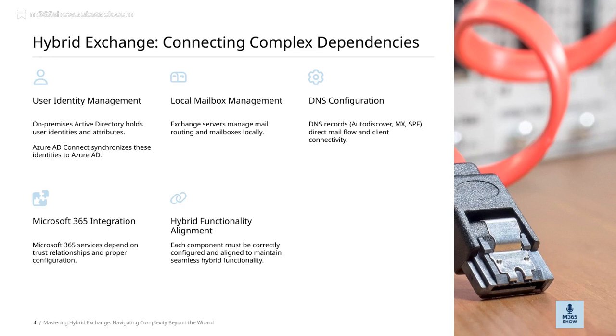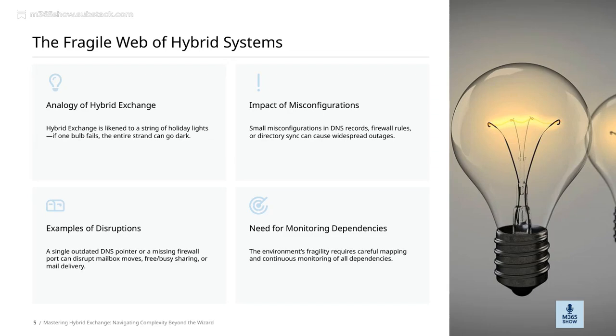So, in essence, ensuring all these components, configuration, DNS, mail routing, and identity management, are aligned and correctly integrated is key to mastering hybrid exchange. It's about building a cohesive system that works harmoniously, supporting the overall goal of seamless communication and collaboration across hybrid environments. Now, let's take a closer look at the fragile web of hybrid systems.